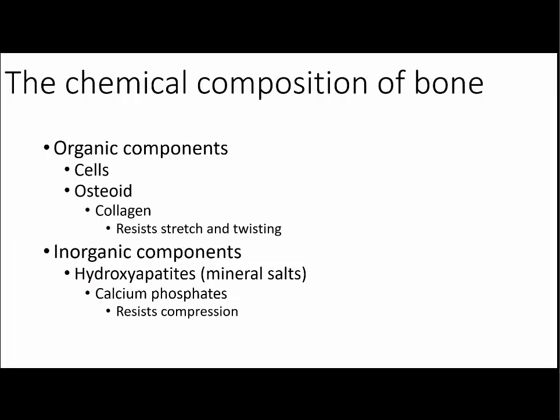And that collagen is going to contribute to structure and flexibility within the bone, and again, resist those stretching and twisting forces. It's those collagen fibers and our concentric lamellae that help resist the twisting forces. And these collagen fibers have what's called sacrificial bonds.